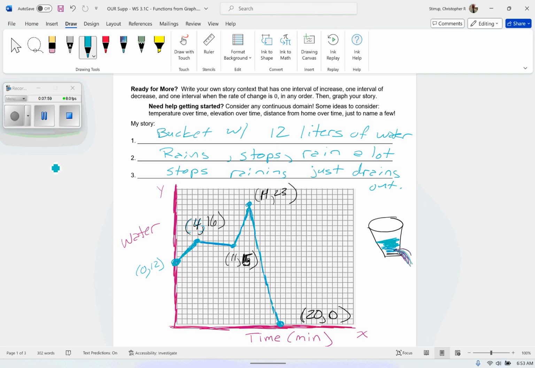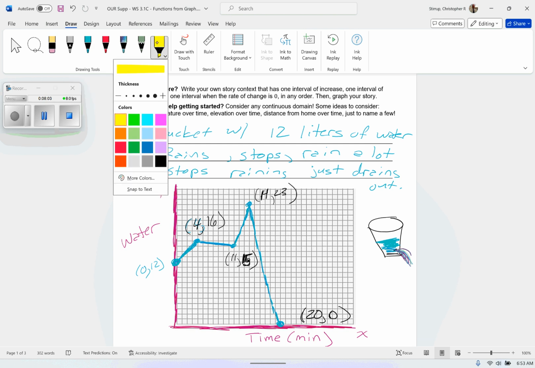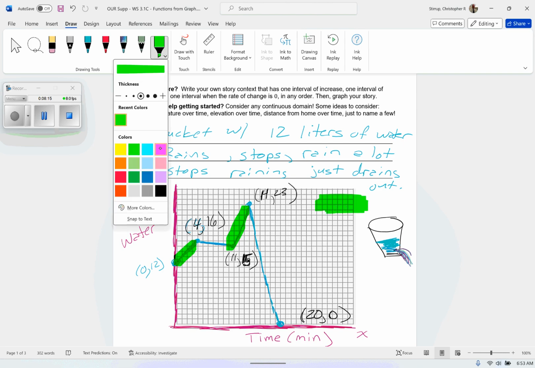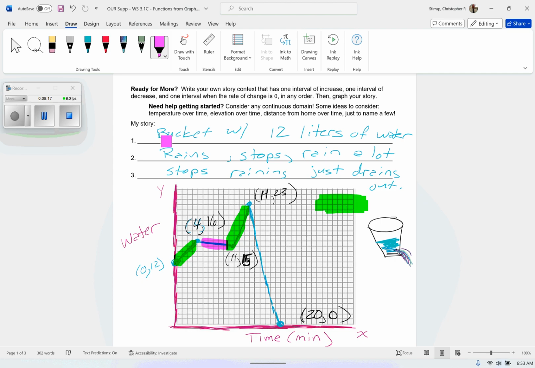But notice I label all things. So I'm also going to highlight a few parts. I'm going to highlight here. I'm going to highlight here. So we're going to put a little line over here to mean something. But then I'm going to put a line here and a line here.